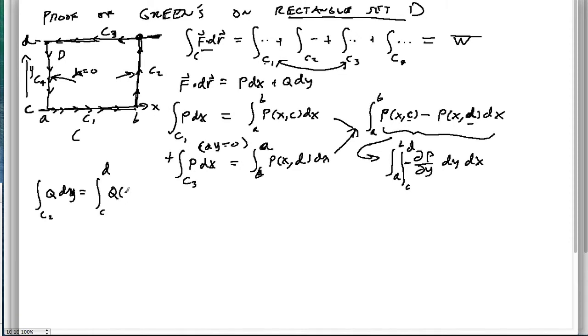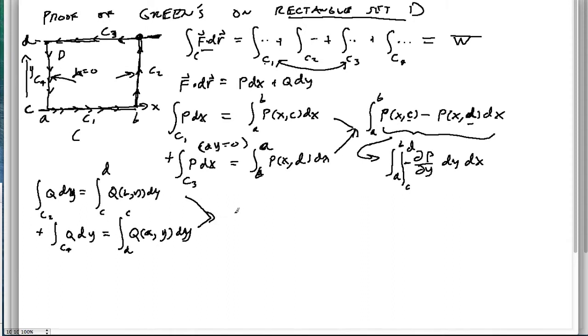So we evaluate x at b, y, dy, and we're going to add to it the C4 integral, and that becomes from d to c of q evaluated at a for the x value, y, dy.